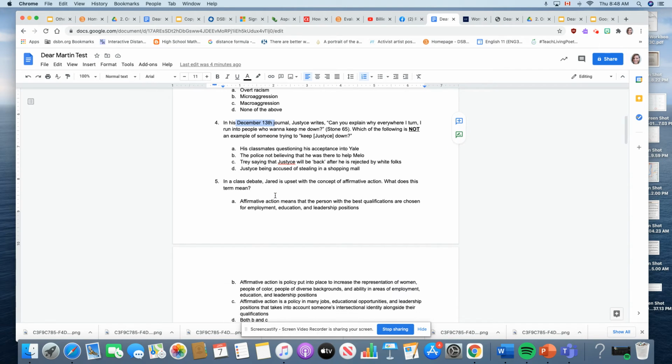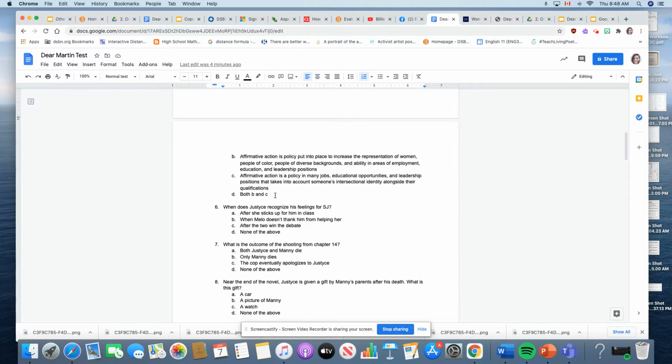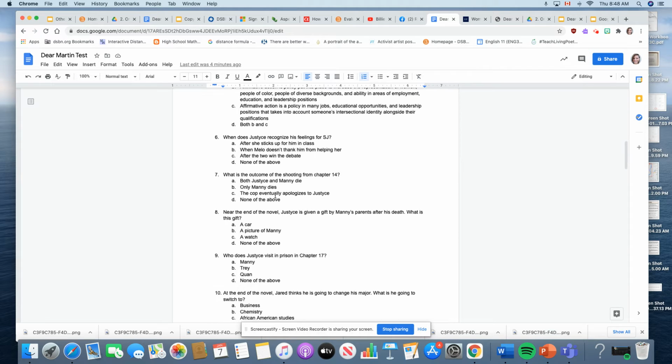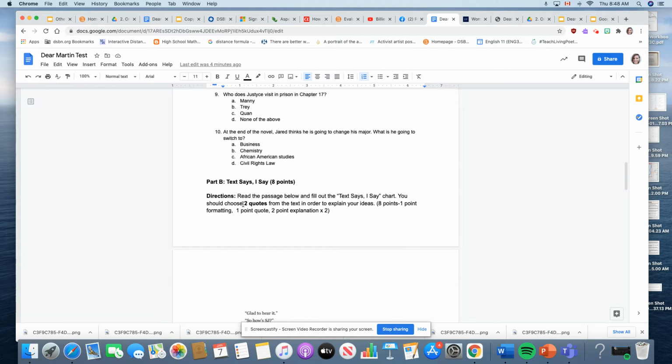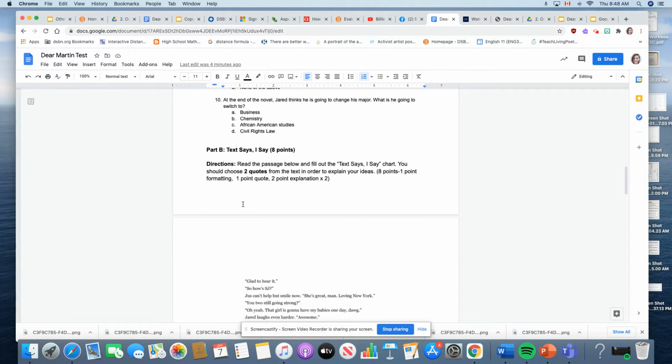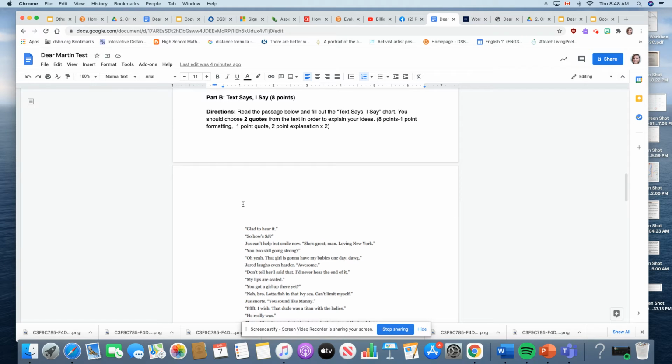Okay. That is how I would approach these multiple choice questions. In regards to the text, this is a throwback to our graphic novel unit. When we did the outside circle, I asked you to engage with this form of understanding of the text.